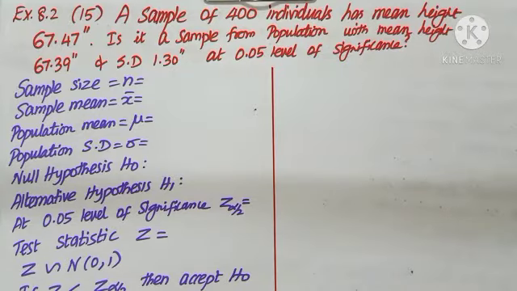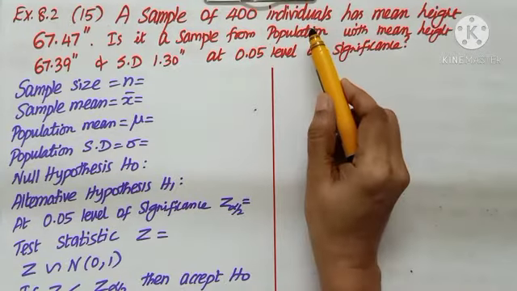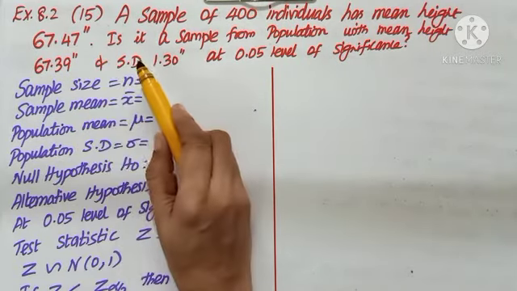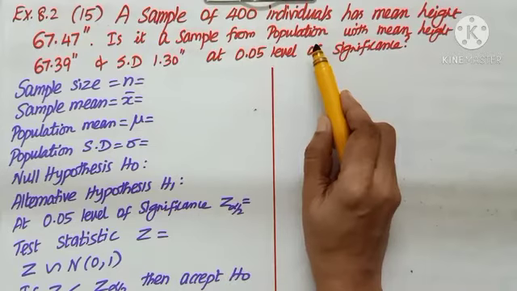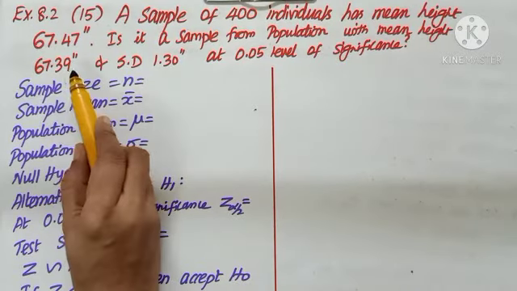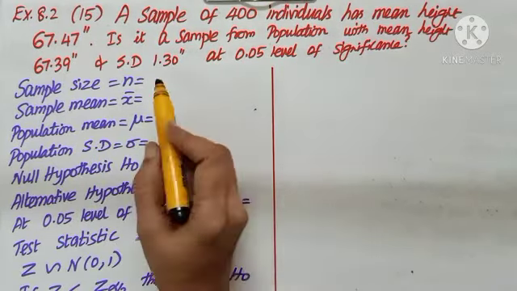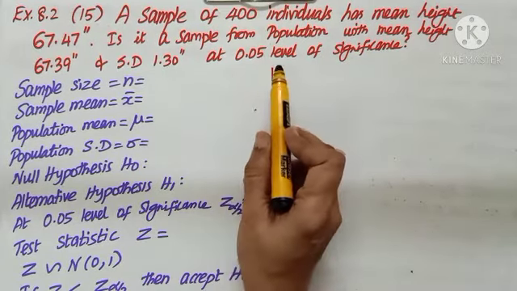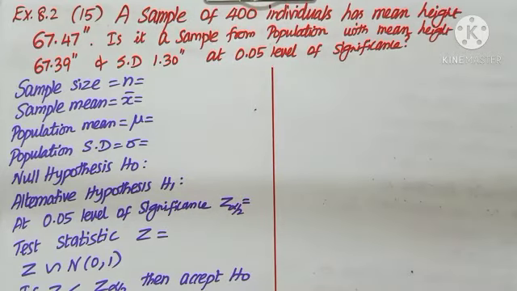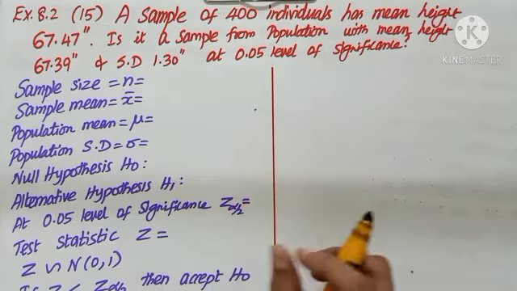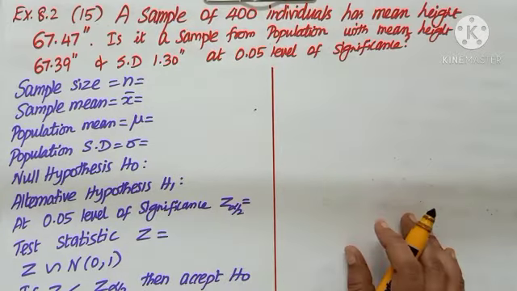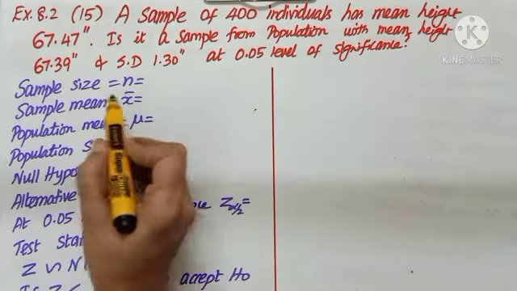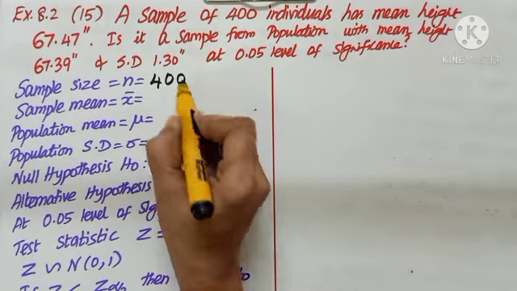The sample is definitely from the population. Question number 15. A sample of 400 individuals has mean height 67.47 inches. Is it a sample from the population with mean height 67.39 inches and standard deviation 1.30 inches at 0.05 level of significance? It is the same as the previous problem, only the numbers are different. Here the sample of 400 individuals tells me sample size n is 400.